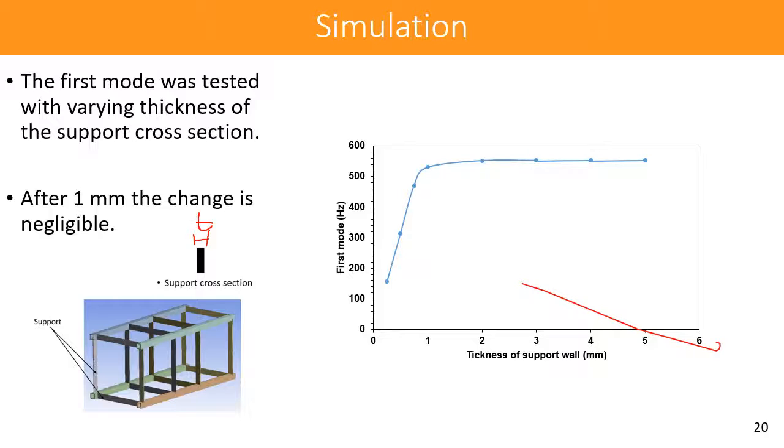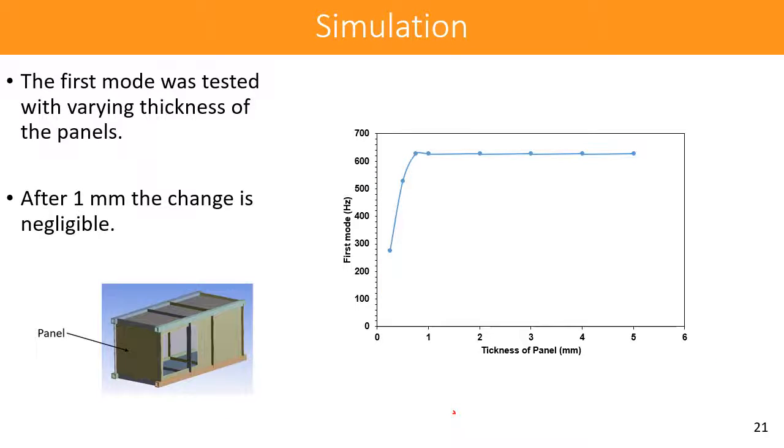So you can see that after 1 millimeter of thickness, there is basically no change. The same for the structure panels. Again, I used the first mode, and after 1 millimeter, there was basically no change on the first mode.